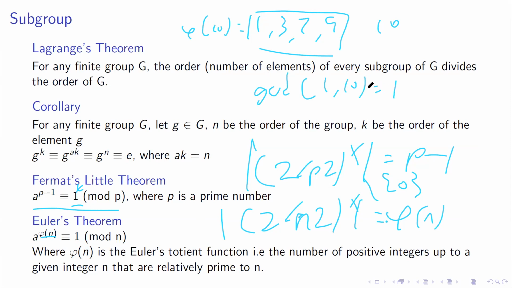Makes sense. What I'm sure of is that this Euler totient function is equal to the order of this group. Okay. So if we have Lagrange theorem, we can easily prove Fermat's Little theorem and Euler's theorem.